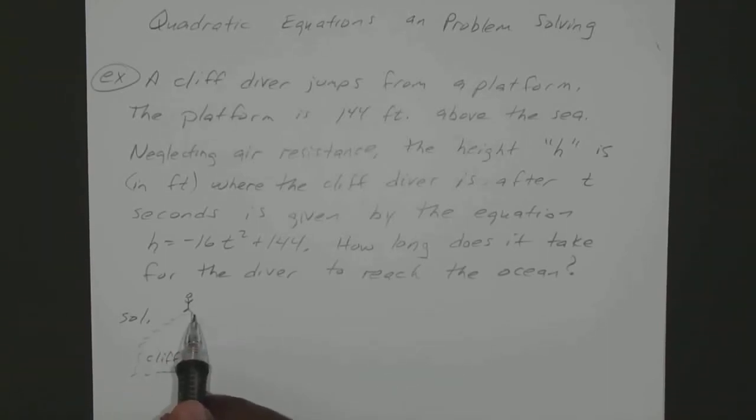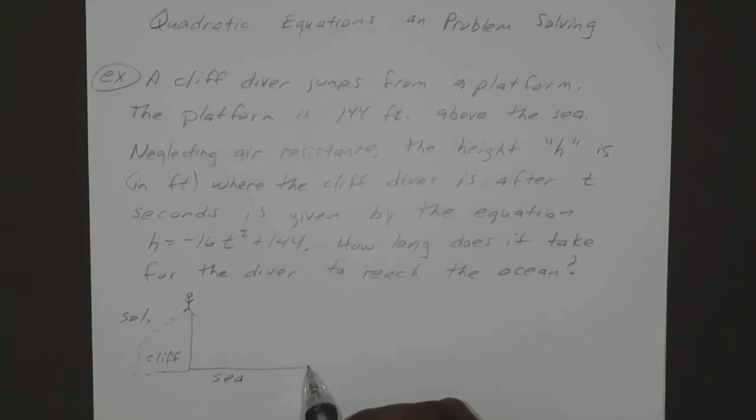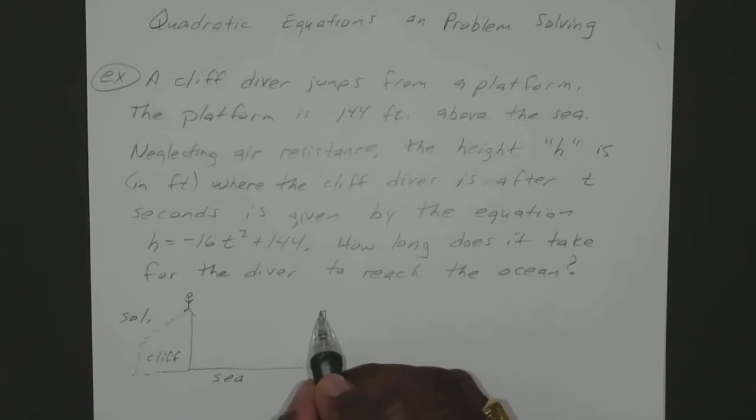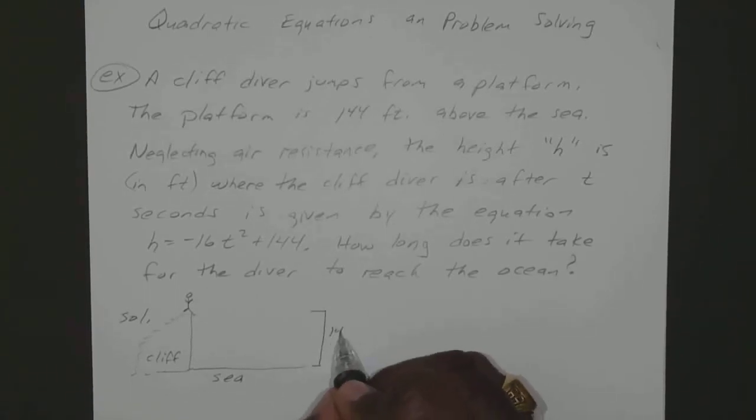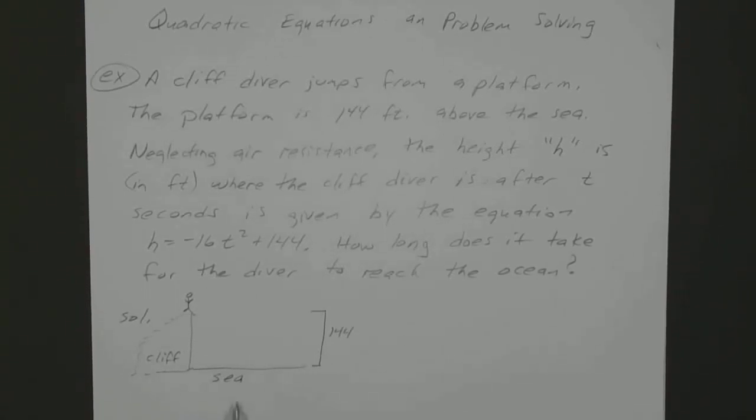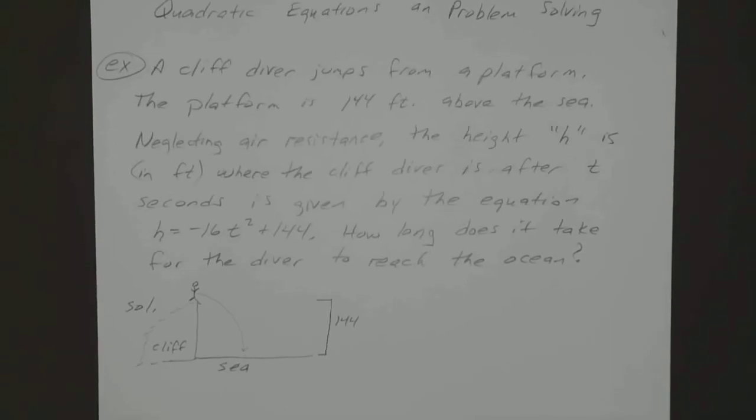Let's say this is the sea. From where the sea is to where the diver is, 144 feet. At some point he's going to jump off and hit the sea. We just want to know exactly how much time it's going to take him.